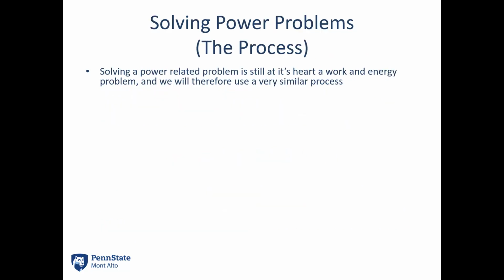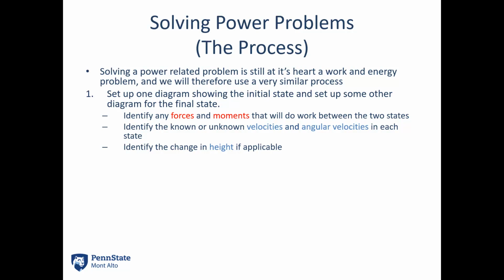Solving a power-related problem at its heart is still a work and energy problem, so we're going to use a very similar process. Number one, always set up your diagram, showing the initial state, and set up another diagram for some final state. If it's just an instantaneous system, you'll have just one diagram. Identify any forces and moments that are going to be doing work between the two states or at that instant.